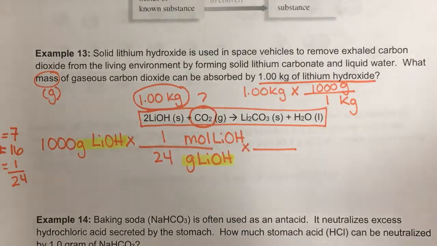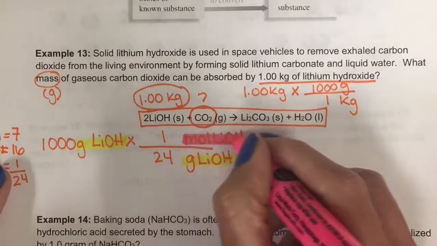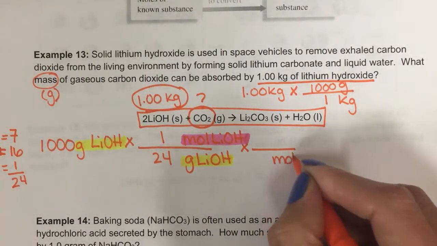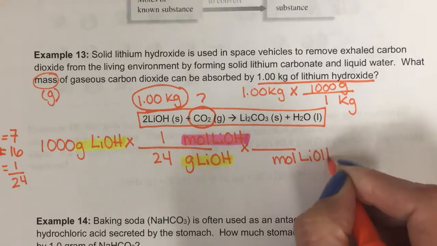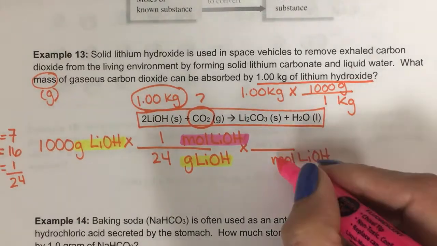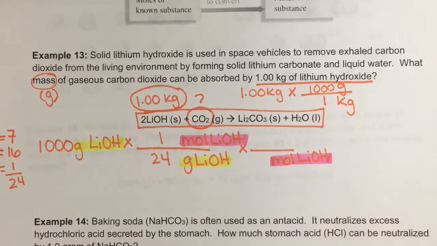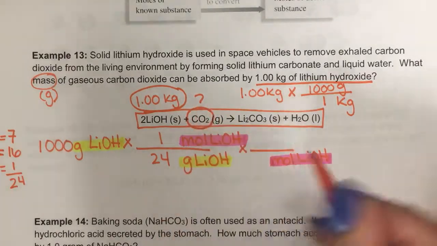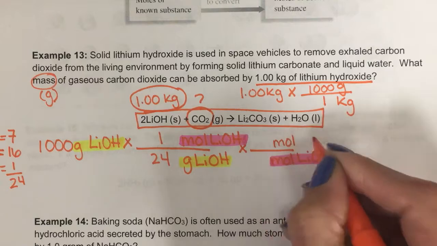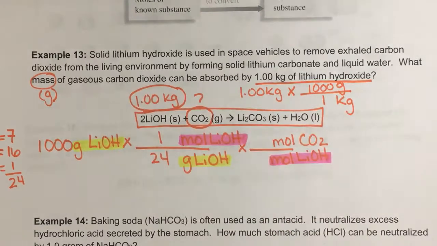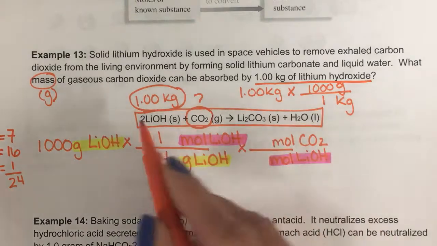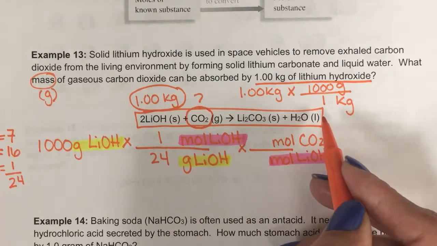Step 2, I need to get rid of moles of lithium hydroxide. So moles of lithium hydroxide goes on the bottom. Instead of lithium hydroxide, I want to find out about CO2. Now the way I determine my mole ratio is from the balanced chemical equation.